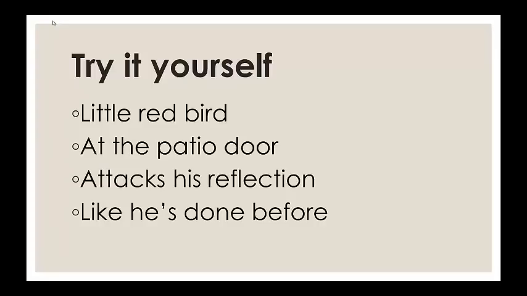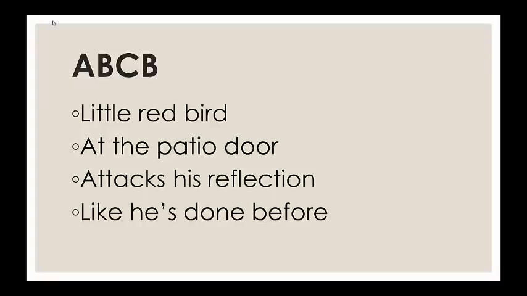Okay, here's one to try for yourself. Okay, I'm going to read it to you and give you a few moments to determine the rhyme scheme. It says, little red bird at the patio door attacks his reflection like he's done before. Okay, this is ABCB.